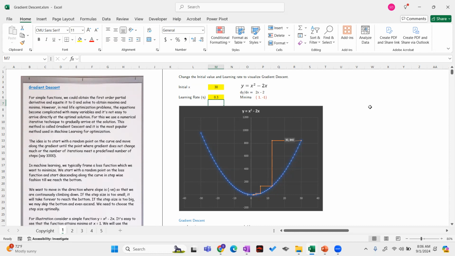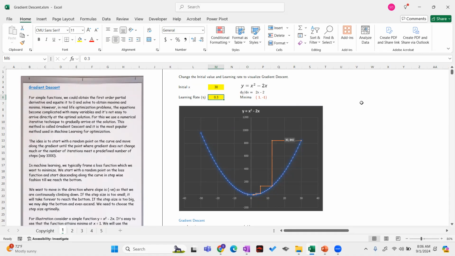Happy with this? Should we use a negative learning rate? If we use a negative learning rate, what will happen? It defeats that entire equation, right? Because it's supposed to be minus dy by dx, but if you're multiplying by a negative, it does the opposite.